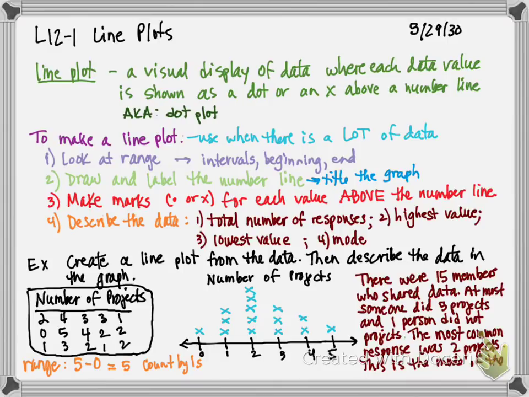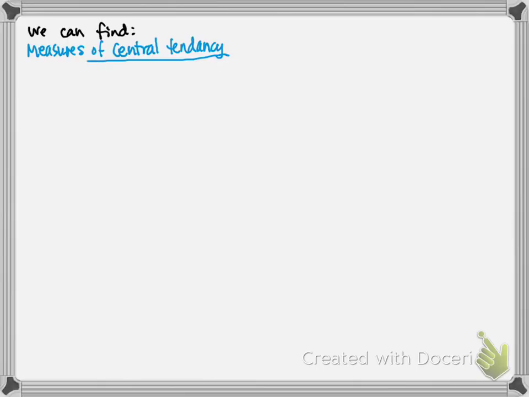Okay, so what are some things that you can look at when you're analyzing a line plot? Well, pretty much everything. We can find the measures of central tendency, as we've been practicing. And those would be your mean, median, and mode.